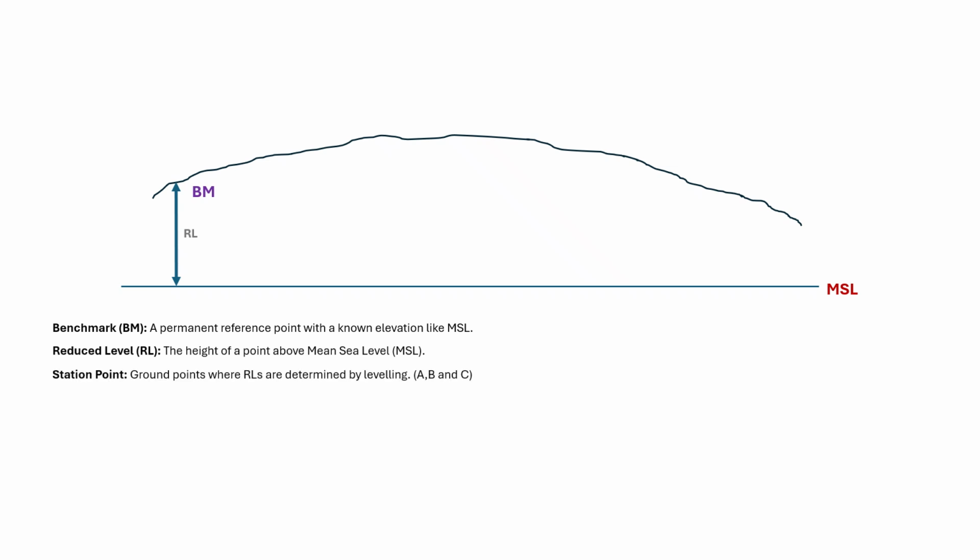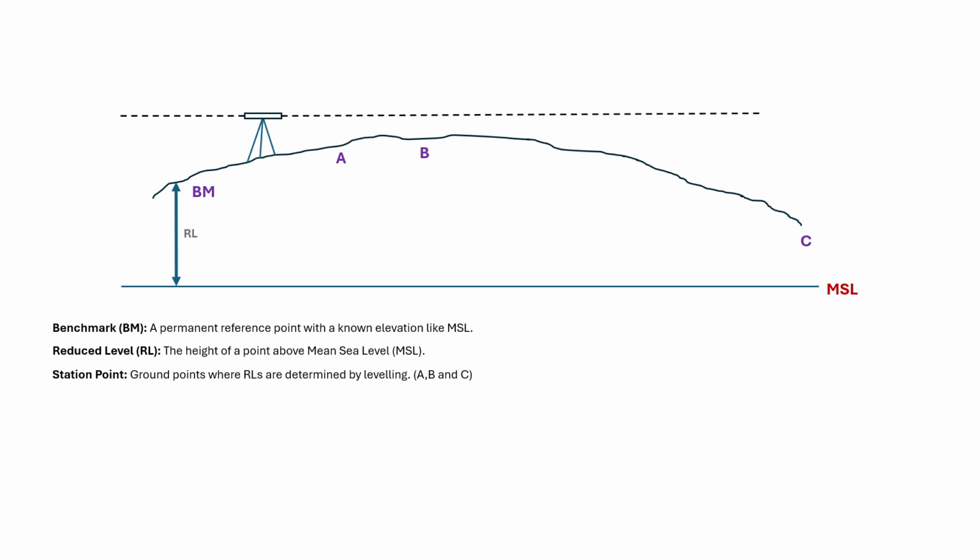Similarly, station points are those ground points where reduced levels are determined by the leveling staff. Let's say here the station points are A, B, and C, and on these points we have to find the reduced level of the elevations. Okay, so let's say we are mounting a theodolite.